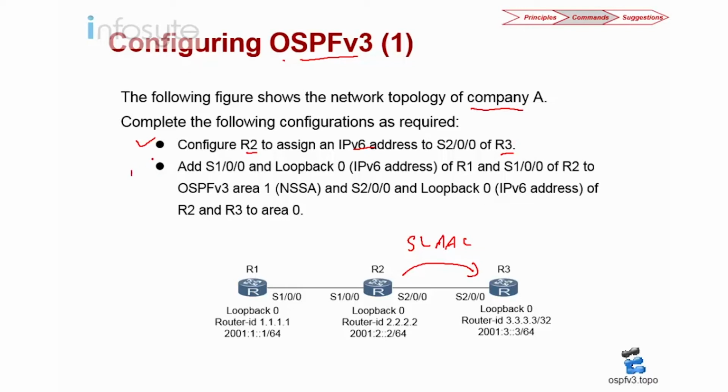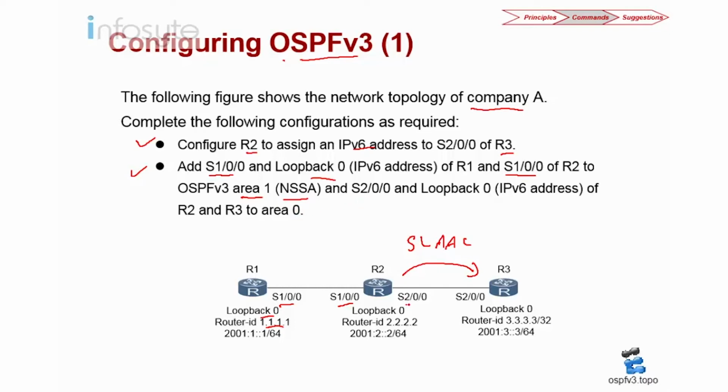And the second requirement is to add S1/0/0, which is here, and the loopback of R1, which is 1111, and S1/0/0, which is here, to area 1. And area 1 we need to configure as a not-so-stubby area.